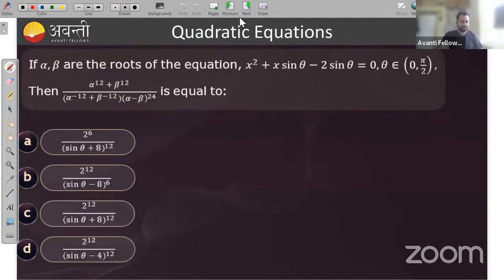Oh, another question you are having here. Can you solve it, guys? Try it. I'm just solving because it is time. Can I take more time?